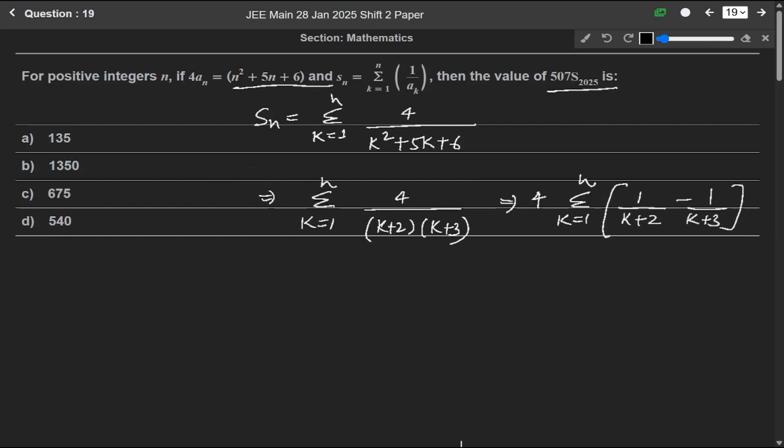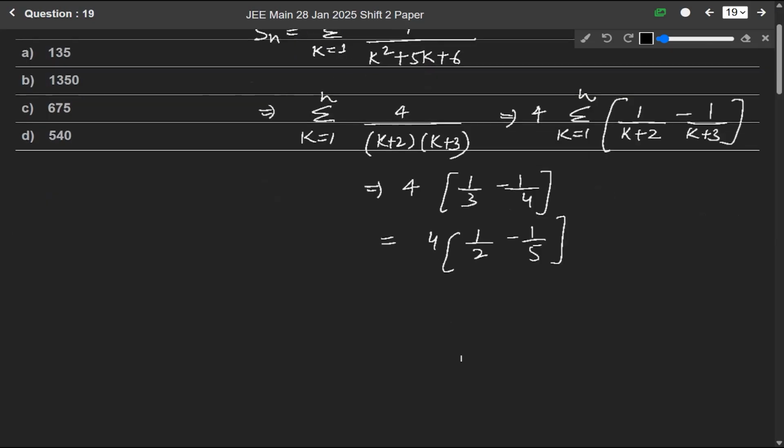Okay, so when we solve it, we get 4, and taking the limit from k equals 1 to n, we get 1 over 3 minus 1 over 4. So it will be 4, and if we take k equals 2, then it will be 1 over 2 minus 1 over 5.